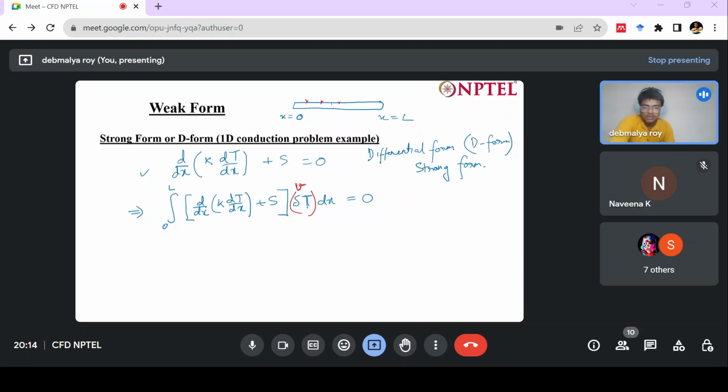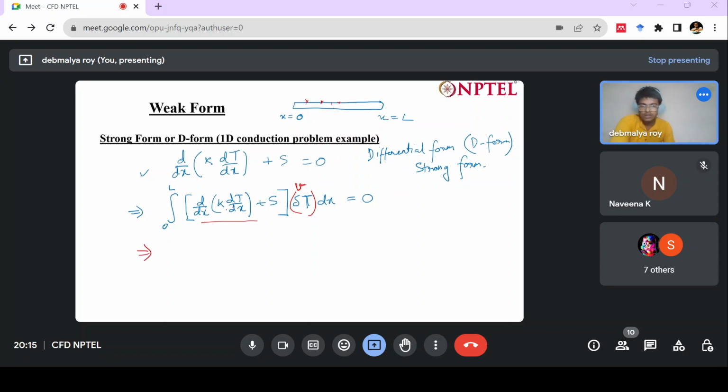We will take this whole term, d/dx of k dt/dx, into v, and we will apply integration by parts here. Since this is d/dx of this whole thing, this term is more integrable, so we will take it as our second function.